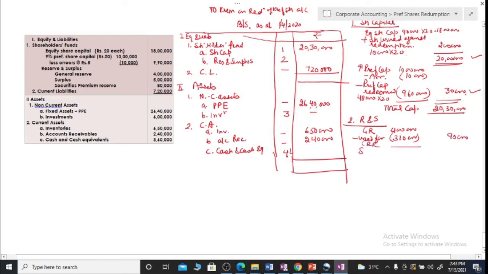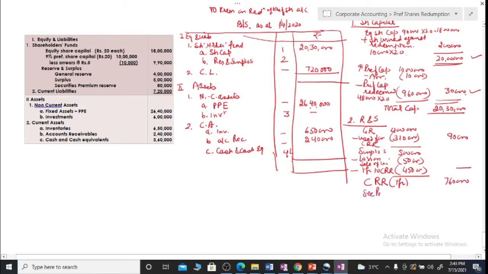Then you have surplus. You had a surplus balance of 5 lakh, less loss on sale of investment 50,000, less transfer to CRR 4,50,000. So you transferred it to CRR, nothing is left here. Then you have CRR transfer for the purpose of redemption of preference shares 7,60,000.